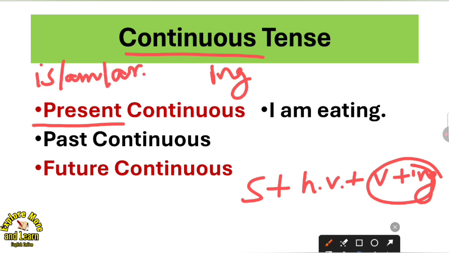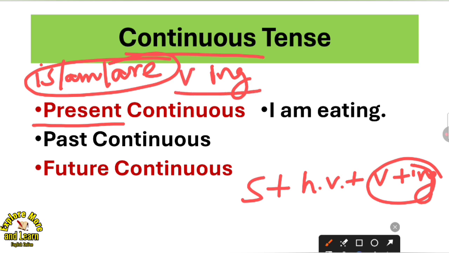So is, am, are plus verb in ing form. This is continuous tense, present continuous tense. If it is past, then you will use the helping verb in the past form, that is was or were. Then you will add ing in the main verb. So I eat, but in present continuous I am eating.